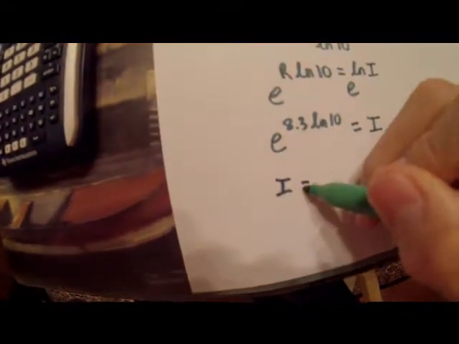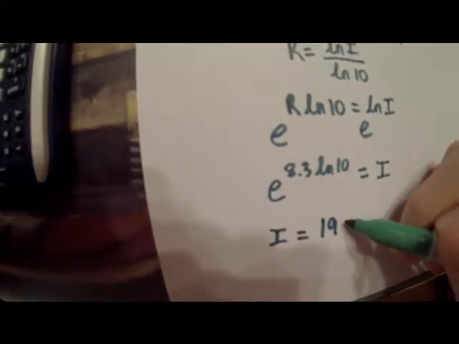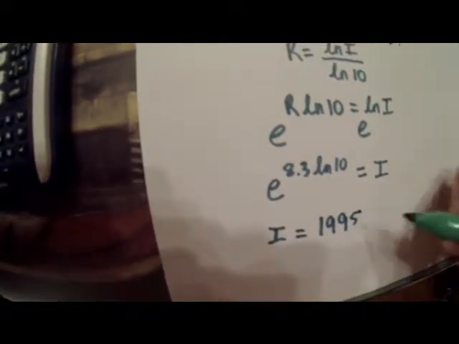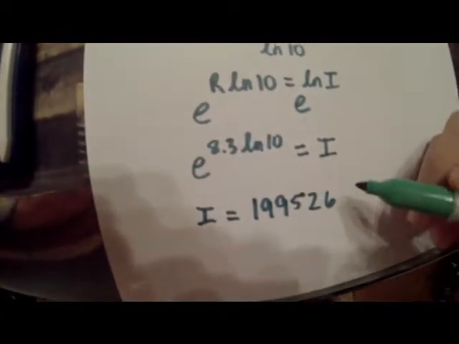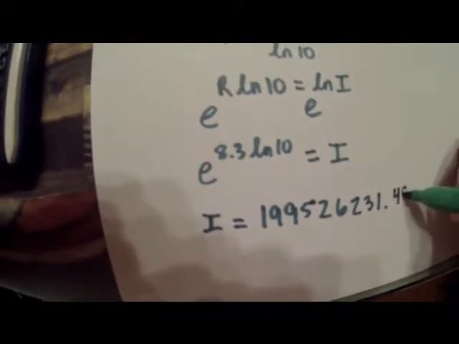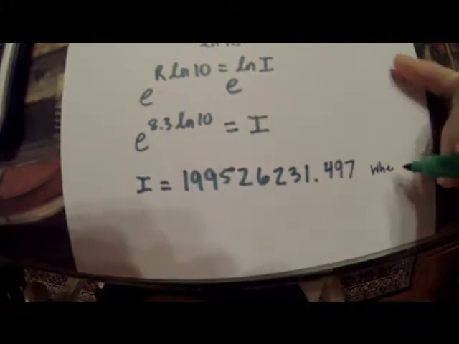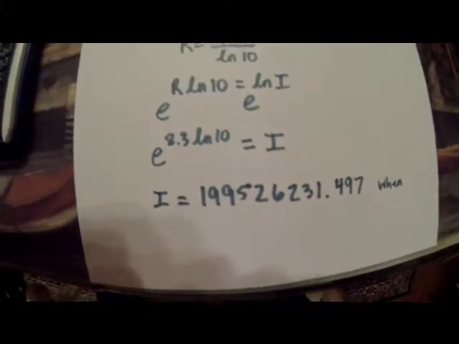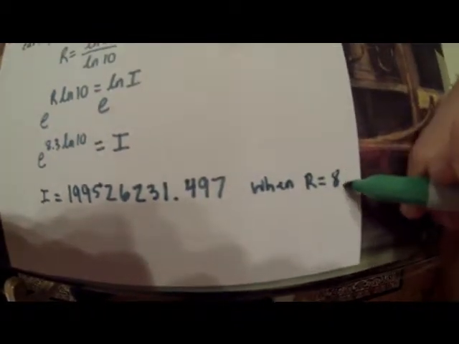I equals 1,995,262.31497 when R equals 8.3.